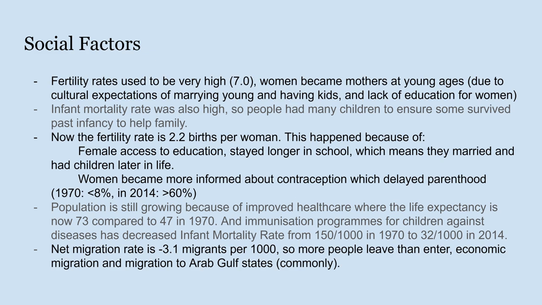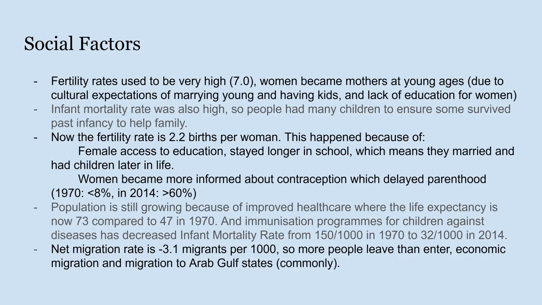So the population is still growing because of improved healthcare, where the life expectancy is now 73 compared to 47 in 1970, and immunization programs for children against disease have reduced infant mortality rate from 150 in 1970 to 32 in 2014. I know there's a lot of numbers.